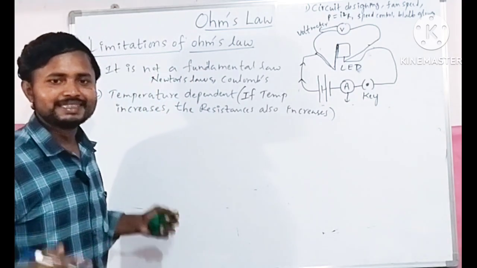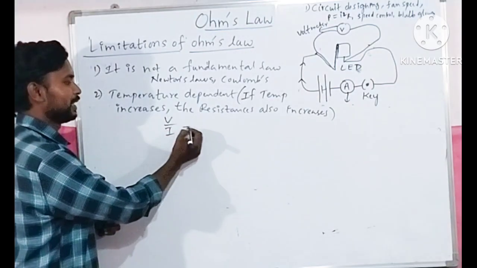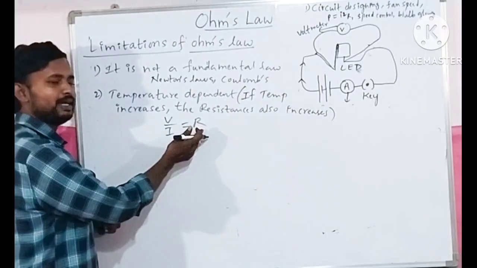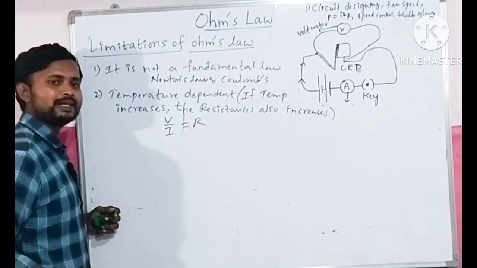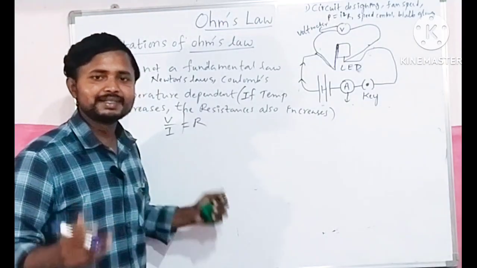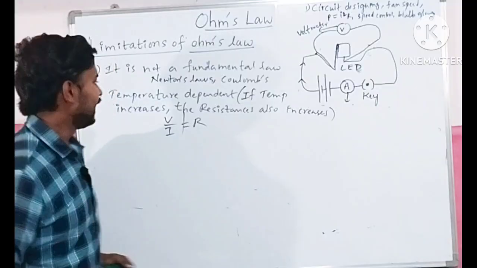So there is a change in the constant: V by I is not equal to constant. When the temperature is changing, resistance is changing, then the V by I ratio is not equal to constant. Even metals do not obey Ohm's law at high temperatures.